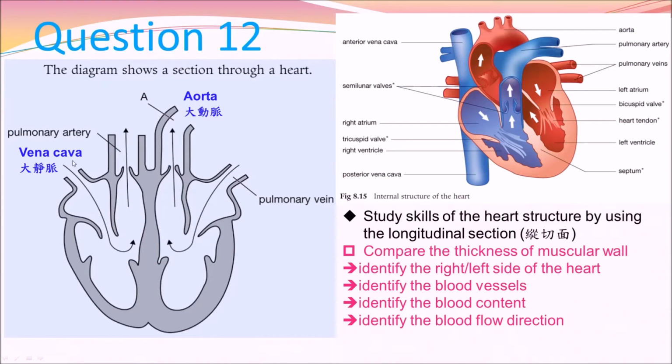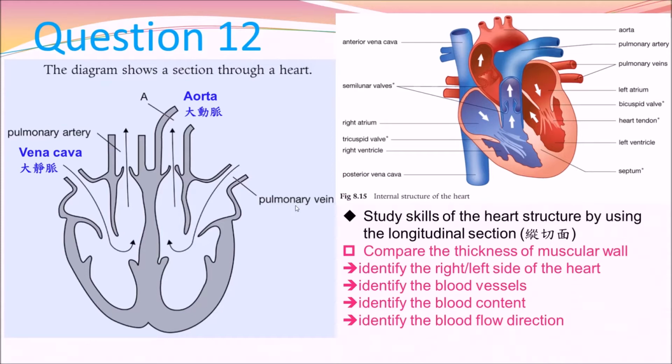This question is very good because it already gives you the names of the blood vessels, pulmonary artery and pulmonary vein. So technically, you should know that this side is the right-hand side and this side is the left-hand side, because you know the names of the blood vessels.